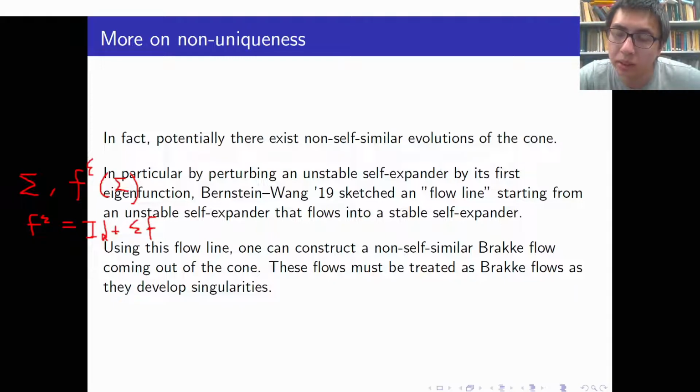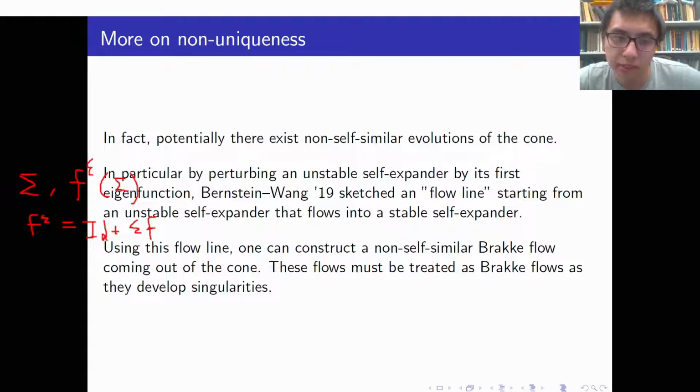In the non-rescaled setting, it will start from time 0, and that will be a proper non-self-similar evolution of the cone that comes out of the unstable self-expander, and they will have the same stable expander limit as time goes to infinity.